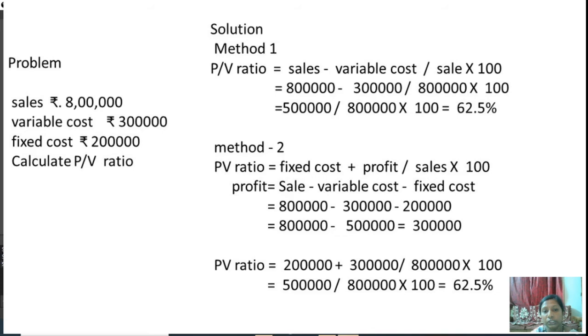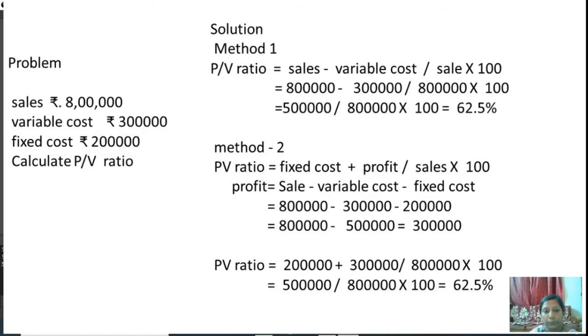After the calculation, 8 lakh minus 5 lakh equals 3 lakhs. So now the profit amount is rupees 3 lakh.